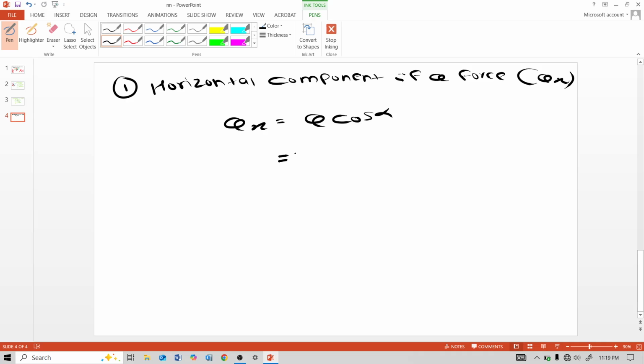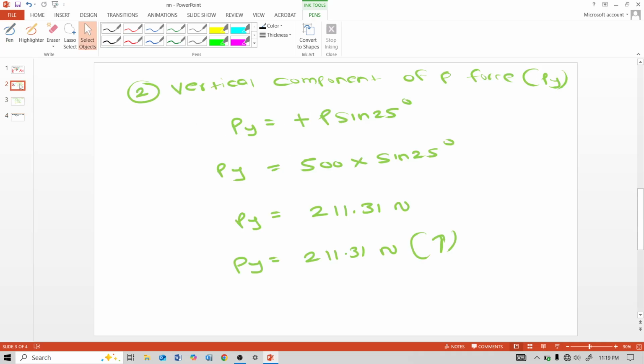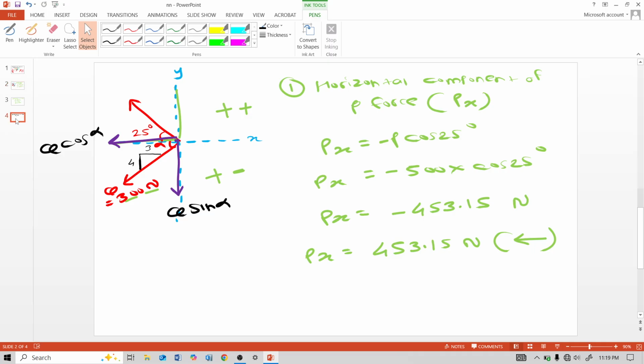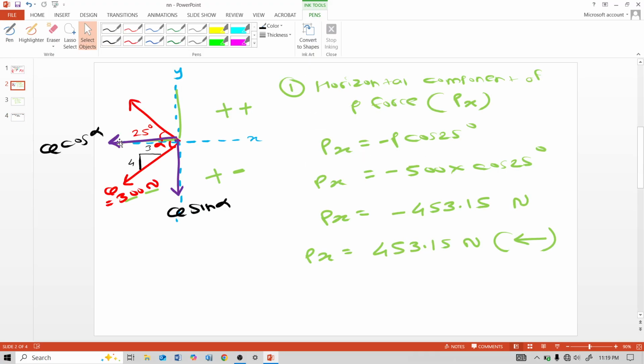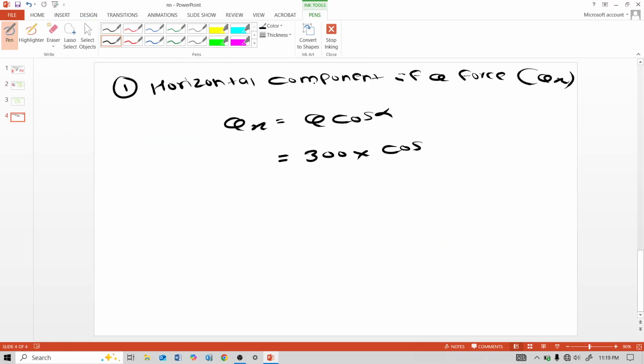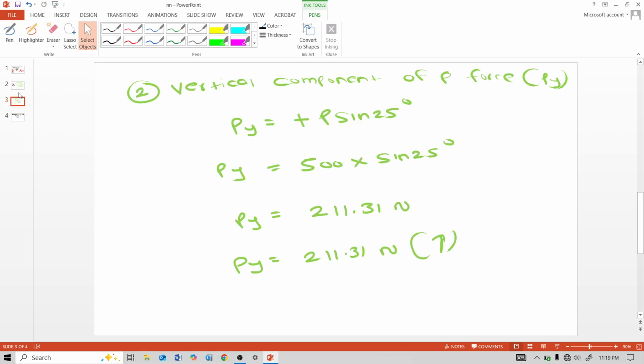Why cos? Because this alpha is near to that x-axis. See, cos alpha, and Q is 300, we know that. So cos, see here it is resolved in negative x-axis, so here it will come negative, minus, and cos alpha we calculated it already, just type the value here.